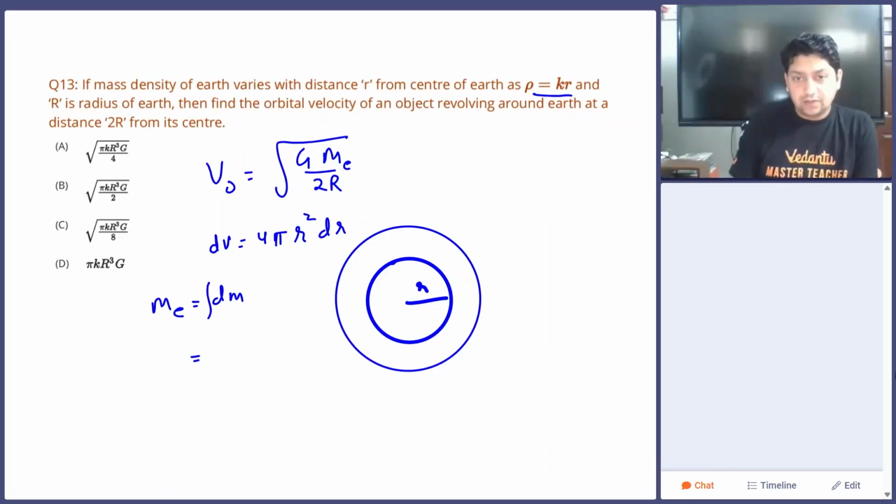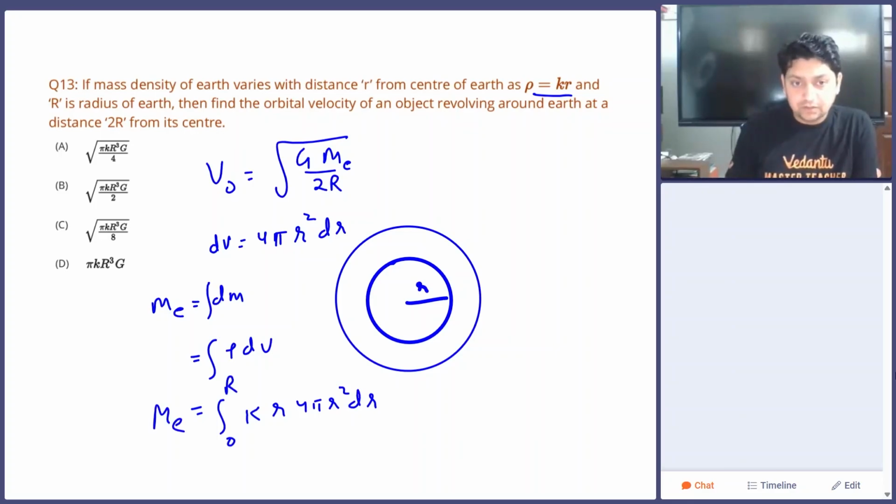The mass of this small portion will be equal to density into volume, and it has to be integrated. Density is kr and dV is nothing but 4 pi r squared dr, integrated from 0 to capital R. So this will be the mass of Earth.